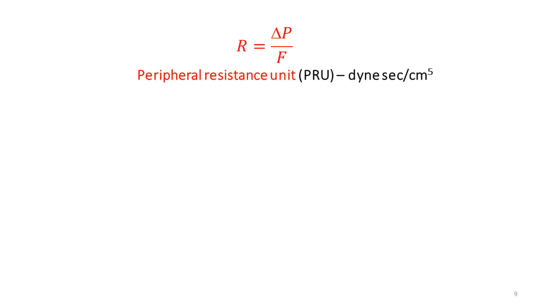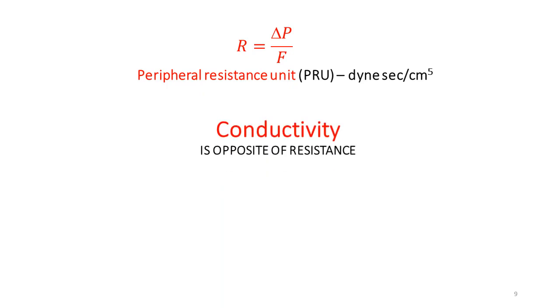So what is conductivity, or conductance? Conductance is a measure of blood flow through a vessel for a given pressure difference. The unit of conductance may be milliliters per second per millimeter of mercury of pressure, and conductance is the opposite of resistance. So we can say conductivity, abbreviated as C, is the opposite of resistance.